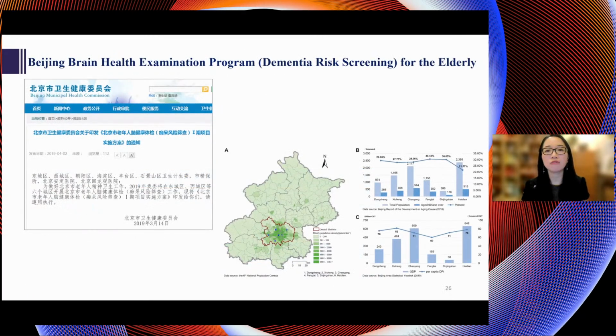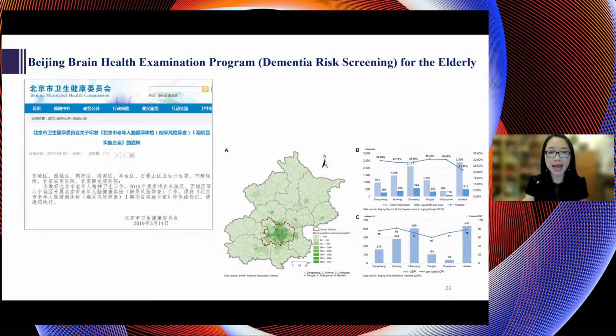And because of our successful online platform, the Beijing Municipal Health Commission supported us to perform the Beijing Brain Health Examination Program, which we also call dementia risk screening, for the elderly people in the Beijing area. In Beijing, we also have the report from the end of last year. In the whole Beijing area, the number of elderly people aged more than 60 years old is now 4.4 million, and the percentage reached 20% for the first time.